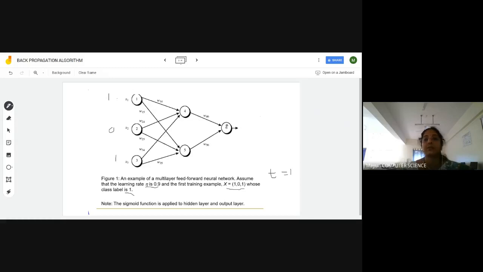Whatever output you calculate has to be applied to the formula 1 by 1 plus e power minus the output. At 4 and 5 you are calculating outputs, so this is not the exact value after multiplying your inputs and weights. The exact value is based on applying the sigmoid function on the net output. So we are applying our net output to the activation function, which will make it 1 or minus 1.